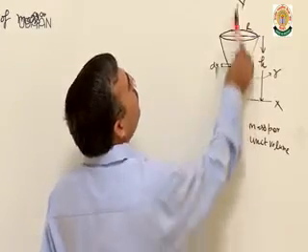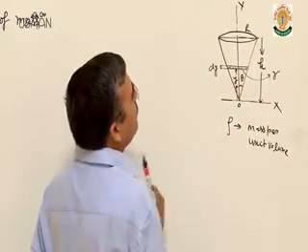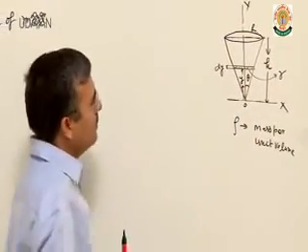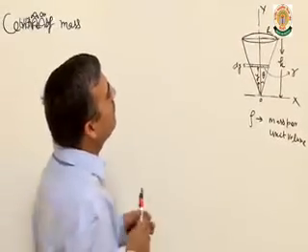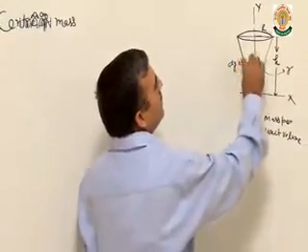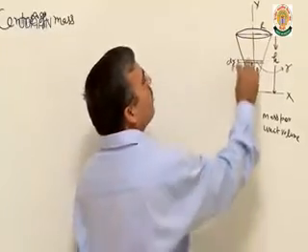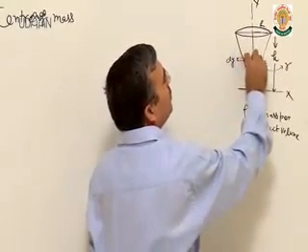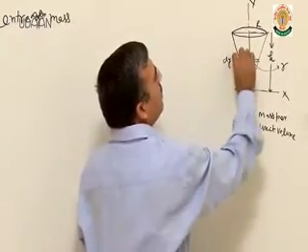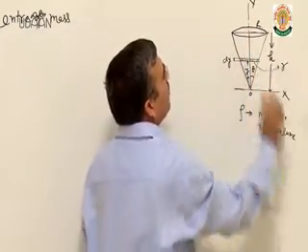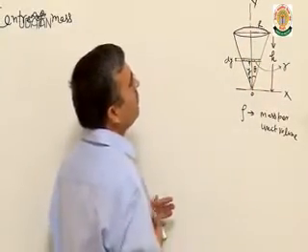Axis of the cone is y-axis. To find its center mass, we have to take element. So element is part of the cone of thickness dy, normal to the axis. Normal to the axis, very small part of the cone.